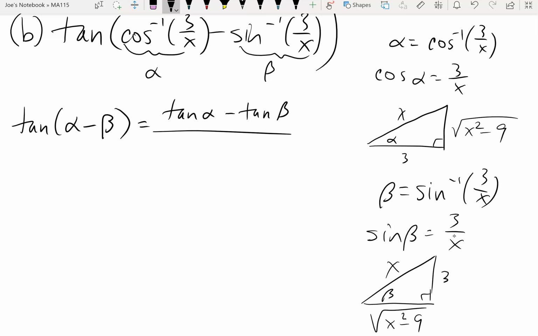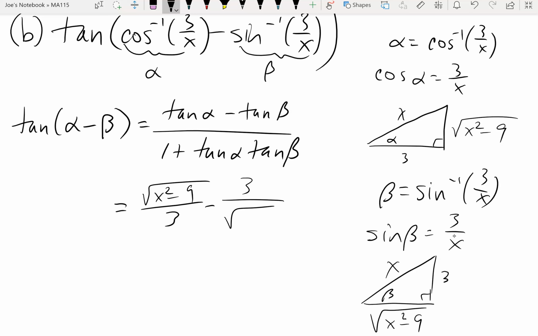Okay, good. That's our difference formula for tangent, right? Now looking at the triangle, can we figure out tangent of alpha? It's going to be, okay, because we're doing opposite over adjacent, right? And then for tangent of beta, good.